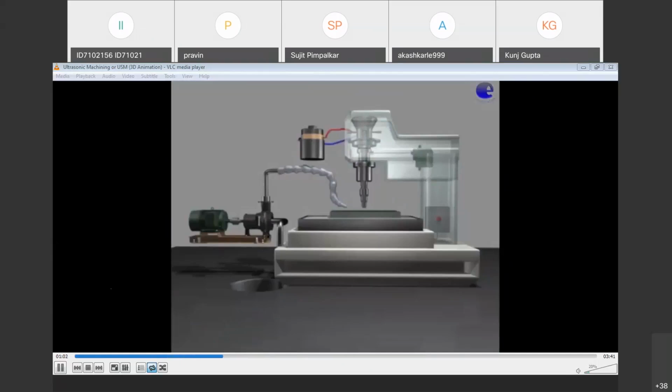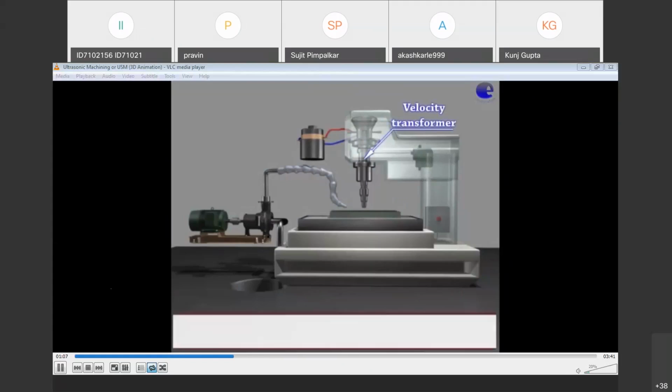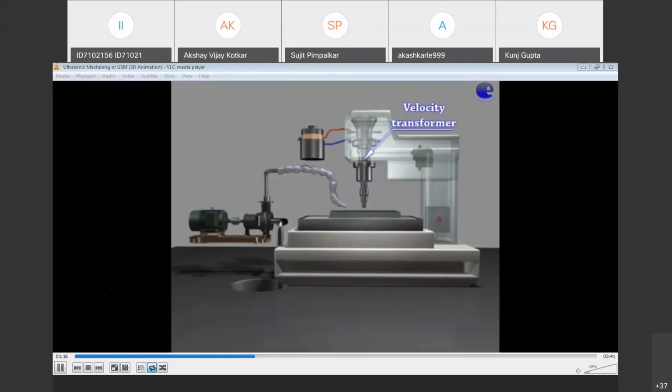So this is a 3D model of your USM, ultrasonic machining. First, an important part is the velocity transformer, which is specially designed as a tapered section connected between the transducer and the tool. So this is your transducer, and this is your tool.